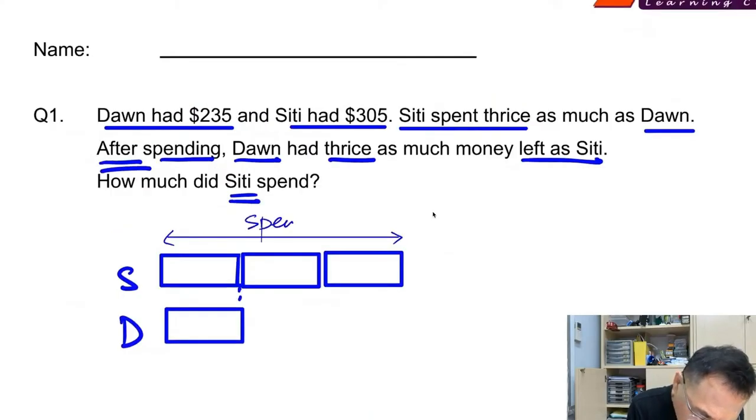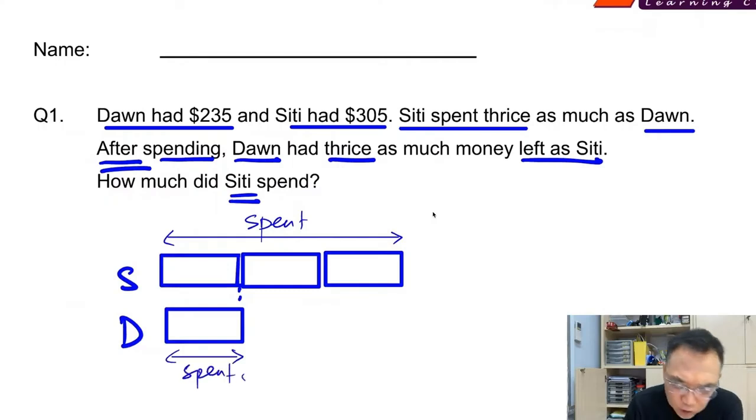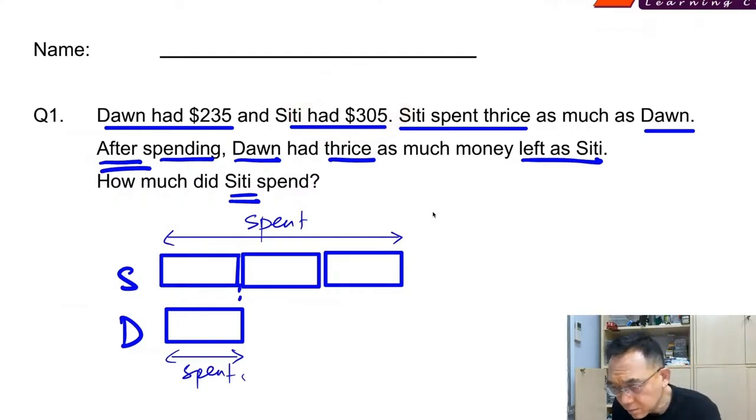Siti spent thrice of Dawn. Then now we're going to draw the left. When I finish drawing the left, the overall model for Siti, because Siti is a bigger number, must still be longer than the overall model for Dawn.